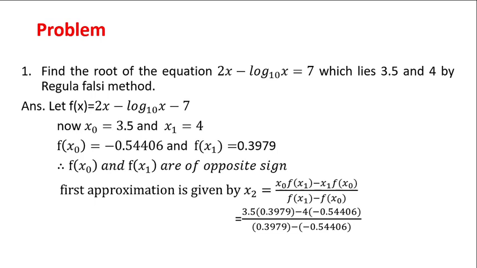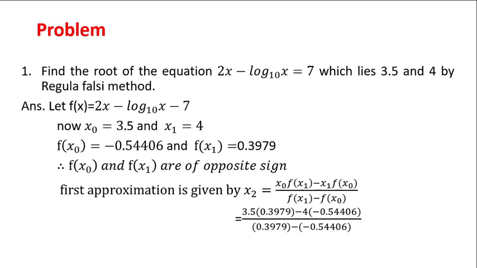Therefore, the given equation can be taken as 2x minus log x base 10 minus 7 is equal to 0. Consider x0 is equal to 3.5 and x1 is equal to 4. Here we have to find out f of x0 and f of x1.